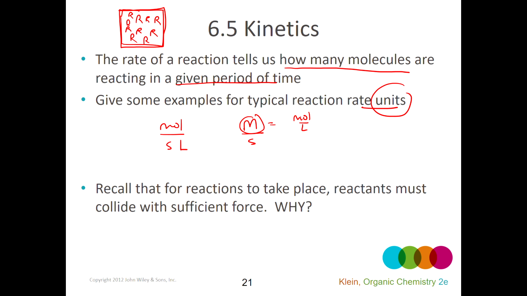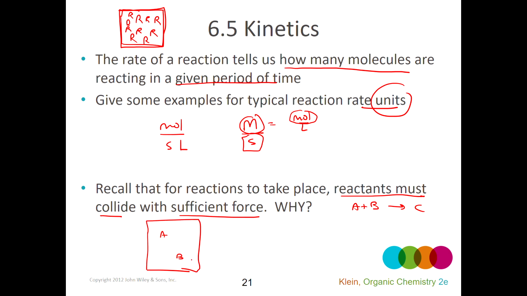And the number of moles that will react in a given liter per second depends on a variety of factors. It depends on how often those reactants are going to be able to collide with sufficient force to move the electrons around. So if I have a reaction where A and B have to collide to produce product C, and I have very few A and B and they're just bouncing around randomly, how often are they going to collide?